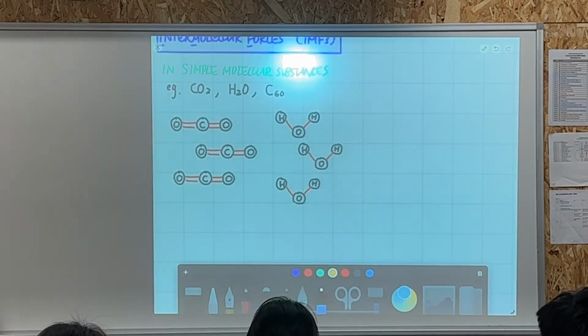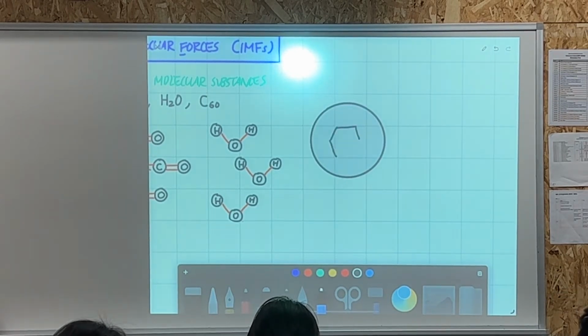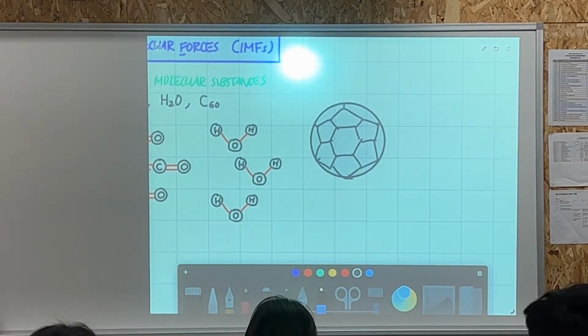So what about C60? C60 is even more complicated. But if you know what a football looks like, you know what C60 looks like. C60 is basically carbon connected in the form of a cage-like structure that resembles a football. But you don't have to draw this because even I have a hard time drawing it.